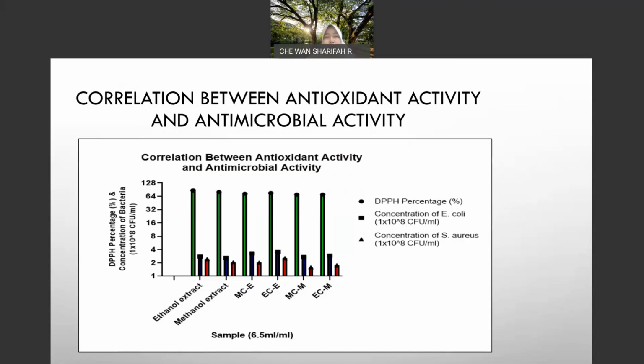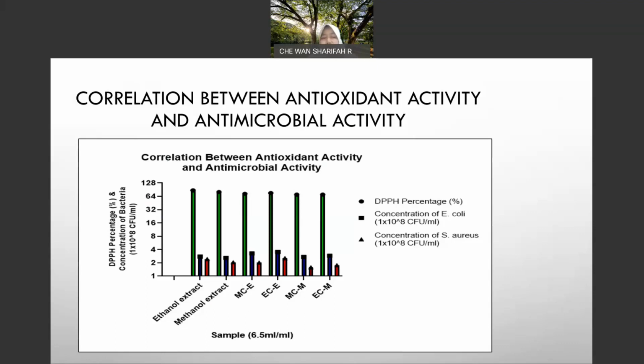And later on, we try to compare the antioxidant activity with the antimicrobial activity. From here, we can see the difference between the ethanol extract and also the methanol extract. We have a slightly similar result. But later on, when we compare methylcellulose ethanol and ethylcellulose methanol, we can see two differences, especially for the Staphylococcus aureus strain.